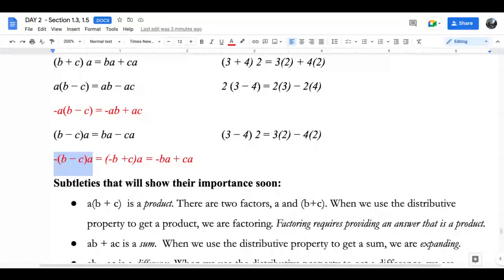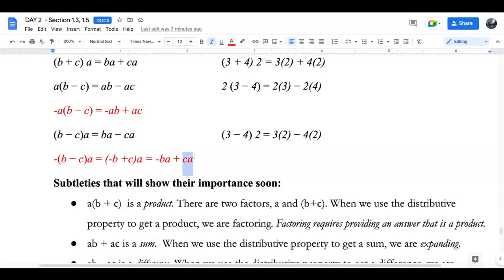So we have this negative A times B minus C. First we can distribute the negative sign inside the parentheses. So that becomes negative 1 times B, which is negative B, and negative 1 times negative C, which is positive C. Then we want to distribute this A. A times negative B, that's negative BA.